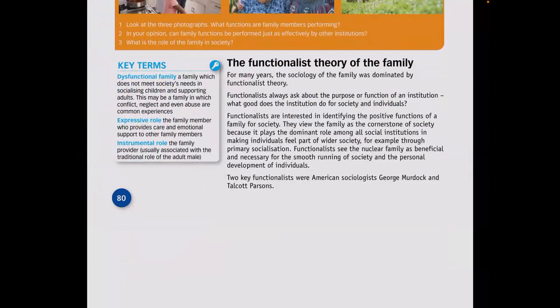Whatever the functionalists say the families should do in order for the society to grow, all of that matters, because that is the image of what an ideal family should be like. That is the image that the functionalists will promote.